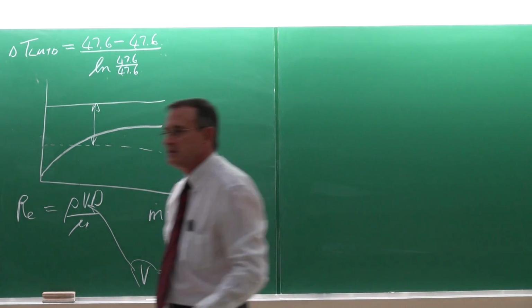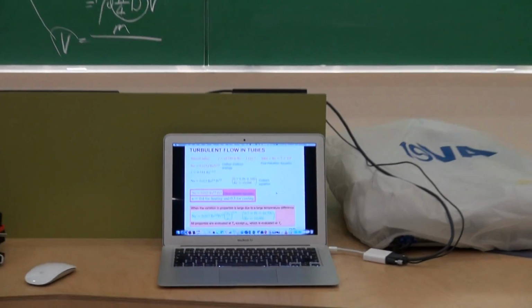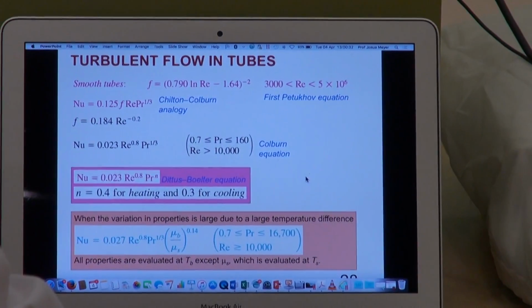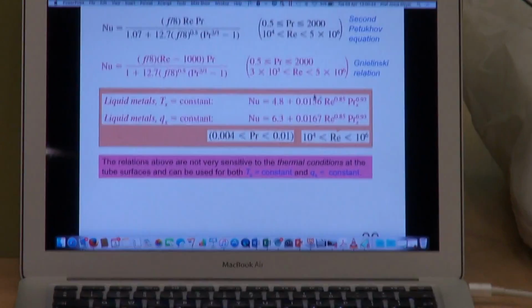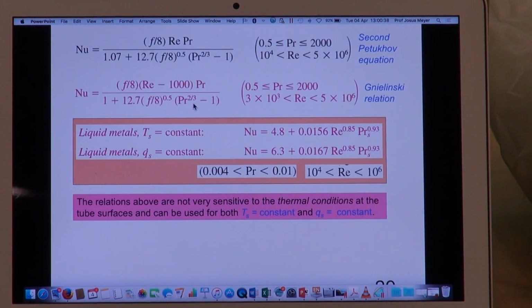So let's look at the Gnielinski equation quickly before we start with it. There it is. What do you see in the Gnielinski equation? You will see we need the Reynolds number and the Prandtl number. We've got everything except the friction factor f.